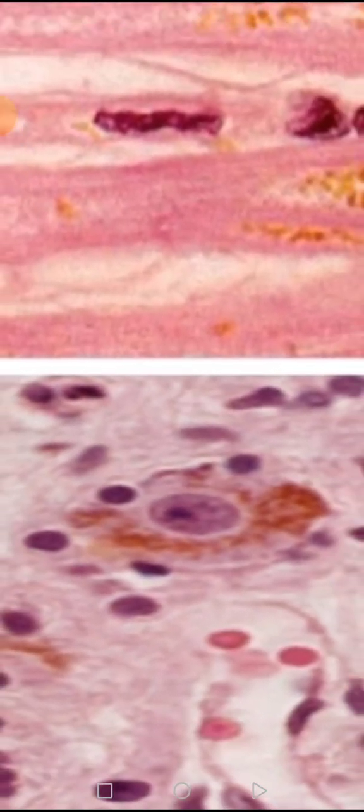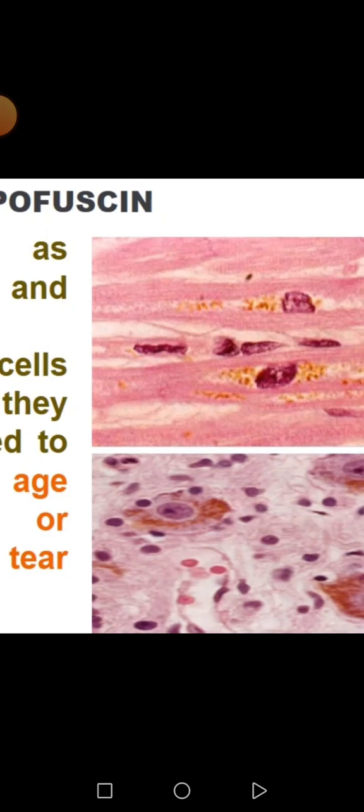Some may ask, what are those lines between the muscle cells? Those are fibers. We have some types of fibers, elastic and collagen fibers, that I will explain in other videos. Those thin structures look like hair.